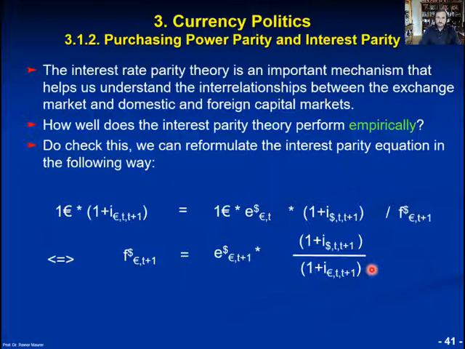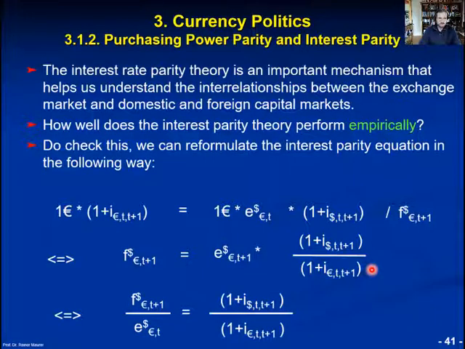Then we divide the equation by the spot market exchange rate, such that the spot market exchange rate disappears on the right side and reappears here on the left side. So the interest parity equation implies that the forward exchange rate over the spot market exchange rate equals the ratio of the dollar interest factor over the euro interest factor. If this equation holds, this equation must also hold.